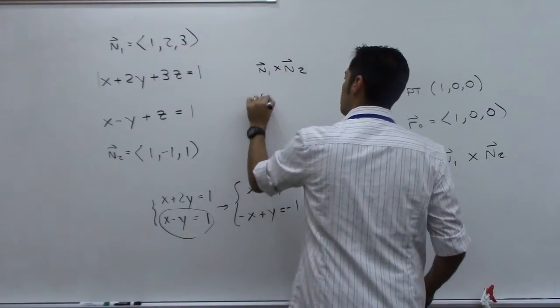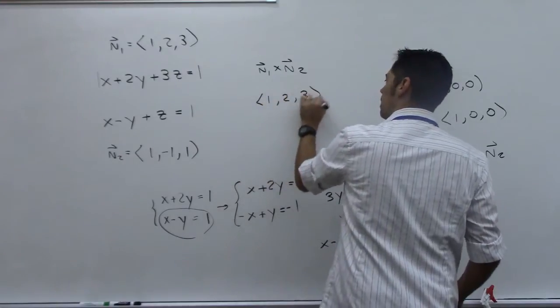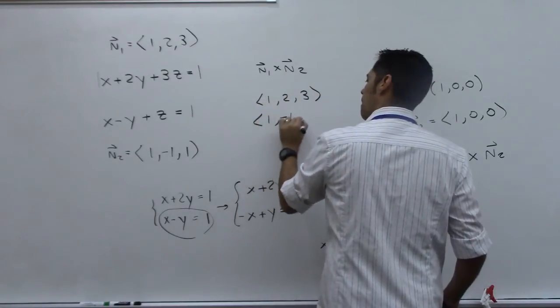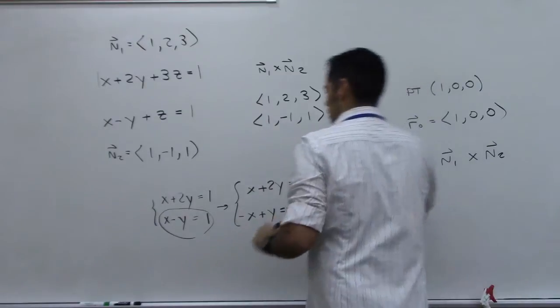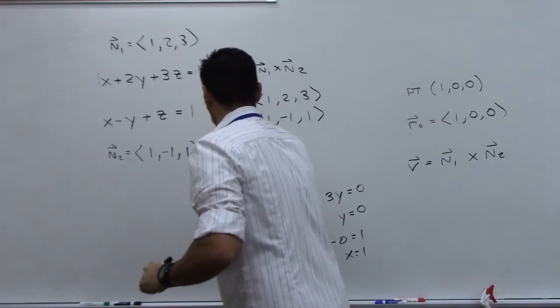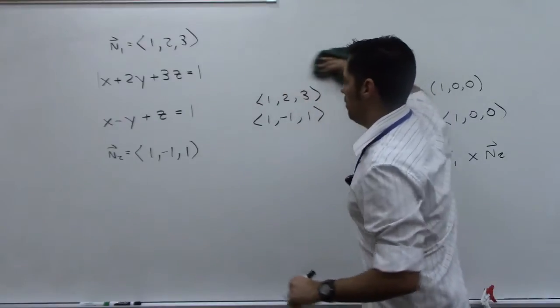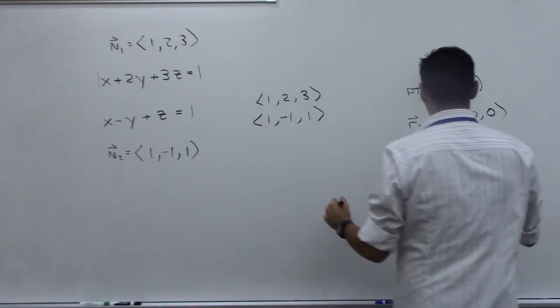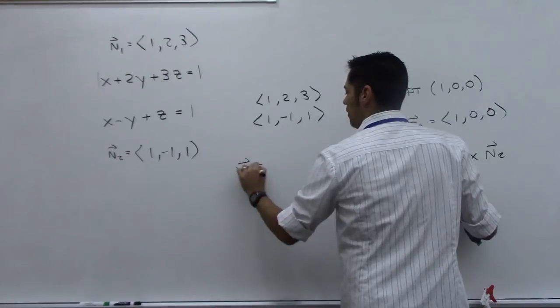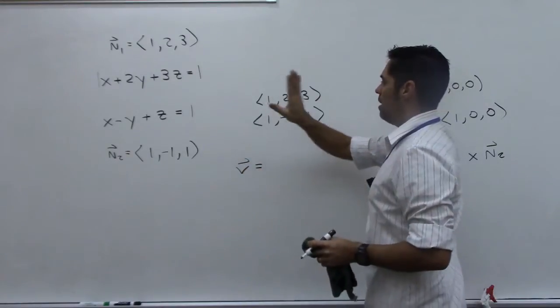Let me actually write these down vertically so it'll be a little easier for me to do. Okay, so this V that we're getting, cover up the i, right?